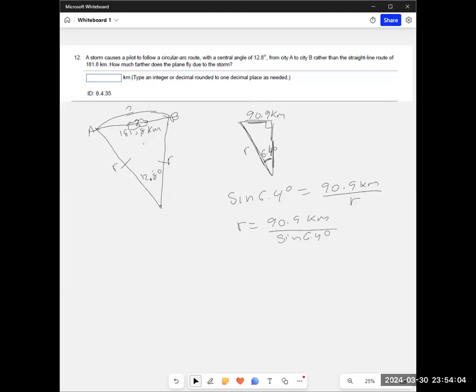I get an answer here for R of 815.4738563. Then I can solve for S and say that S equals R times theta, where theta was 12.8 degrees.